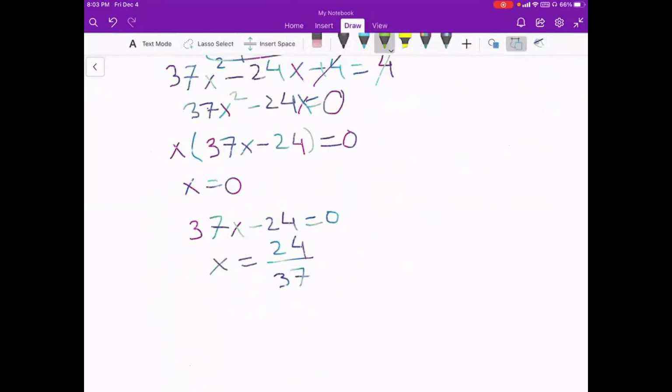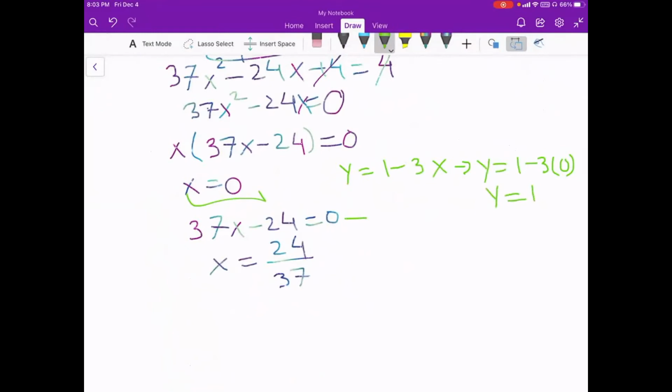So I said y is equal to 1 minus 3x. And I'm going to use the value of x that I got. So that should give me y is equal to 1 minus 3 times 0. So that solves to be just 1.